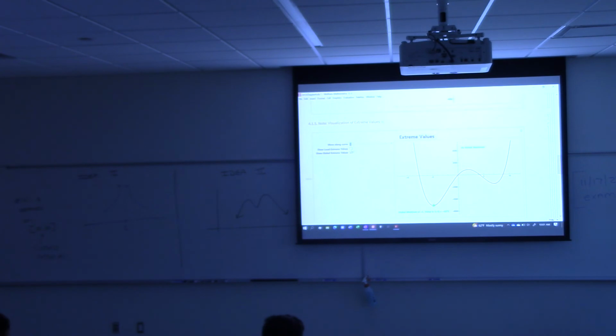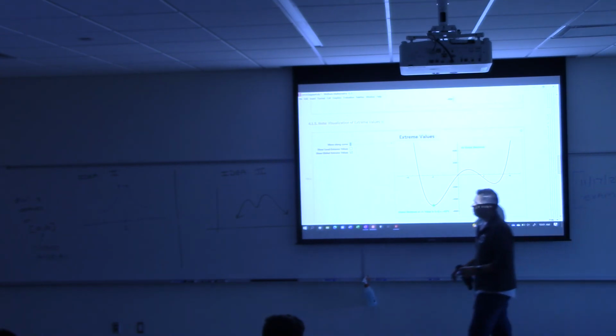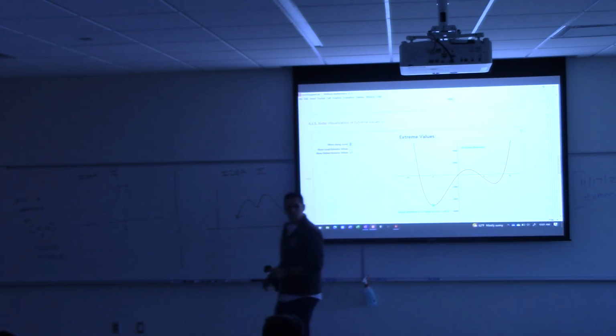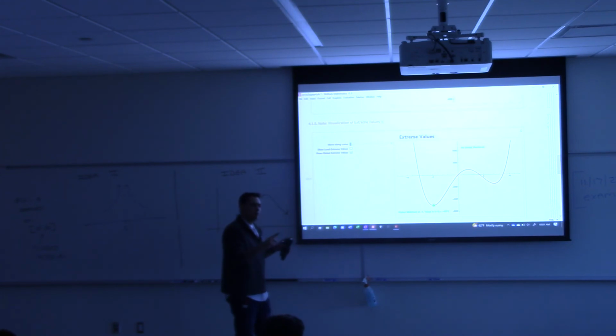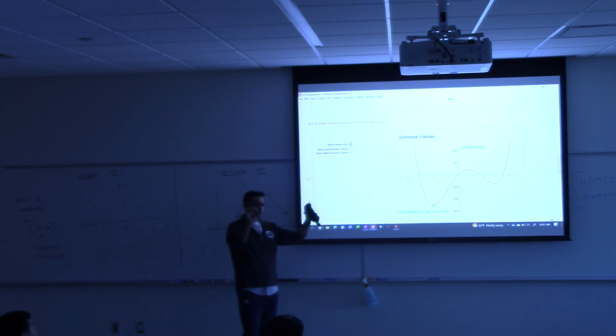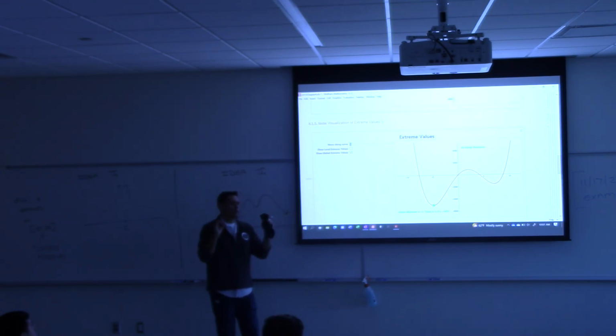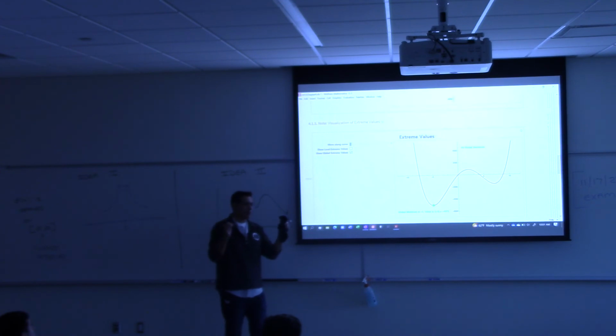I had a question about the endpoints. If we assume that the line is continuous and whatever endpoint we're talking about is closed, can we assume that those are local maximums and minimums? You're saying if we have a closed interval, two endpoints, and the endpoints are closed, not open, then those have to be local something, either local max or min?